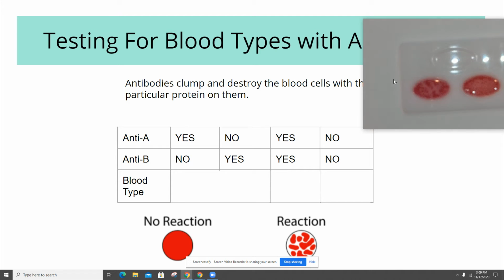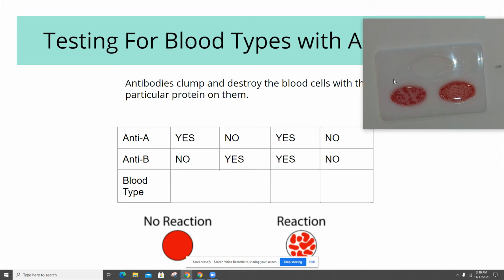And antibodies are what your body produces when it has an immune response to something foreign in the body. And so basically their job is to attack and latch on to the proteins that are foreign and then allow the white blood cells to come and destroy those foreign invaders.